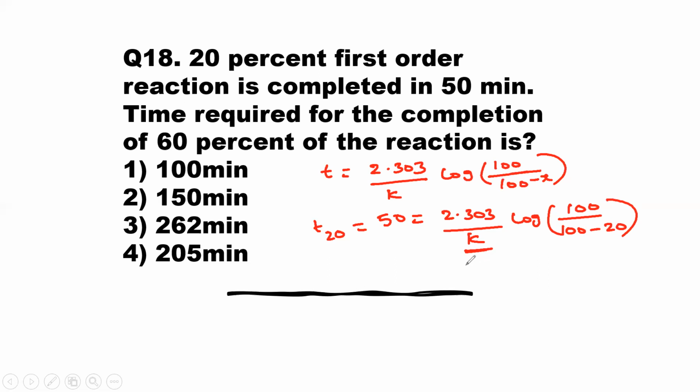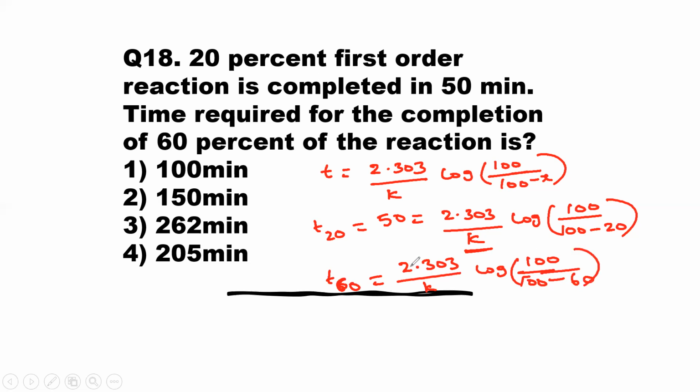Next, after this, in the second case, what do you have to take? T60 is the time taken by the reaction to complete 60%. We have to find this directly. So T60 is equal to 2.303 by K, the K which we found from the first equation, into log of 100 by 100 minus 60.